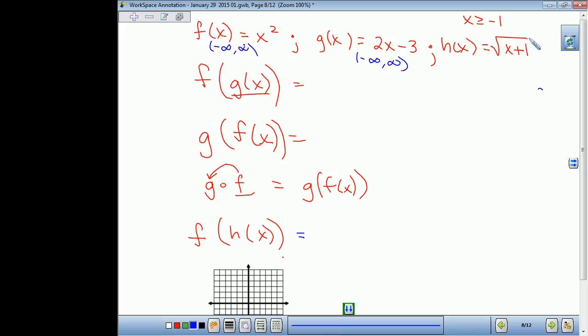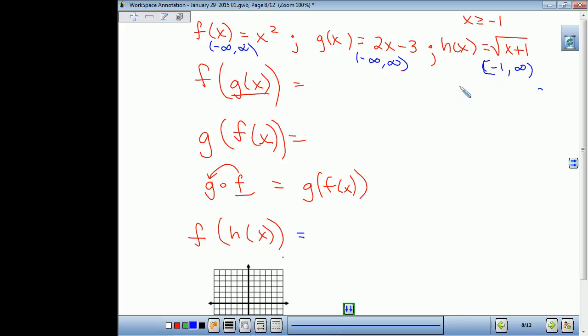Can I graph a square root that is negative? No. So, do you see that this would make sense for the domain? It would need to go from -1 to infinity. If we plugged in -1, that would work. We just get 0. But anything smaller than -1 wouldn't work.